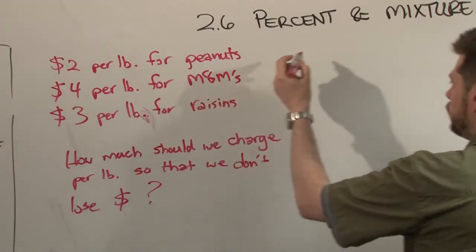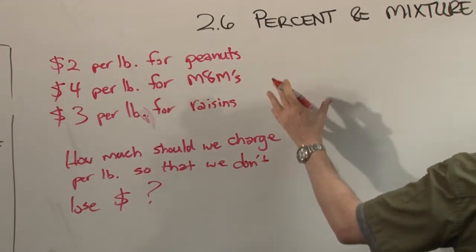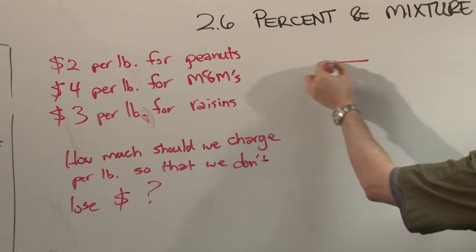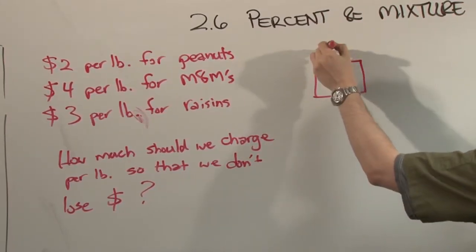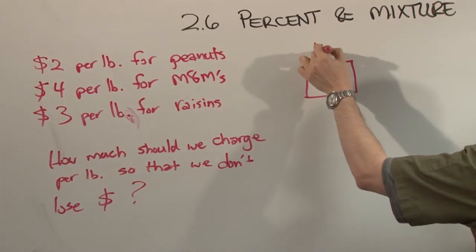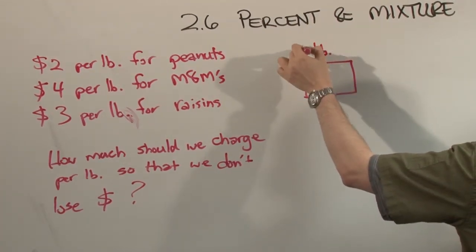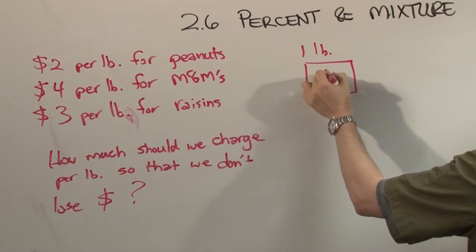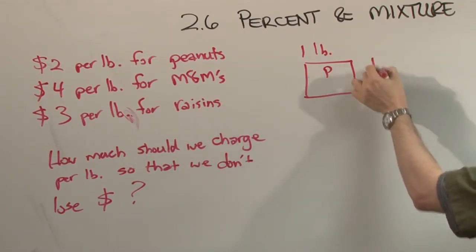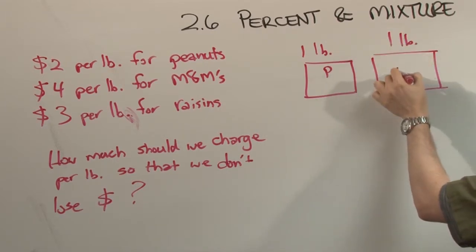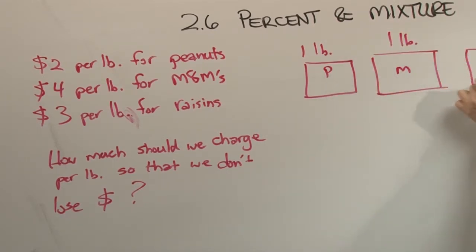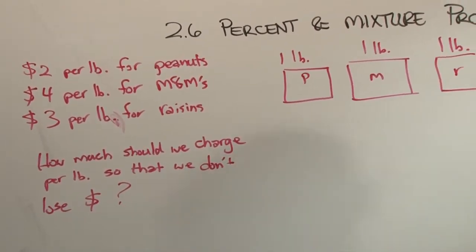Well, we know if we can collect our information in sort of a visual way, we'll have, let's say that this box represents one pound of our peanuts, and that this represents 1 pound of our M&Ms, and this represents 1 pound of our raisins.